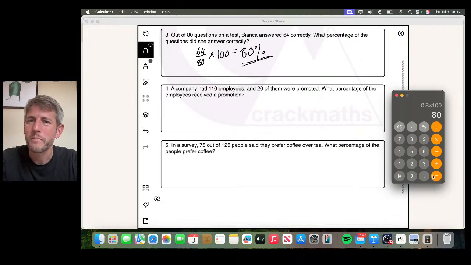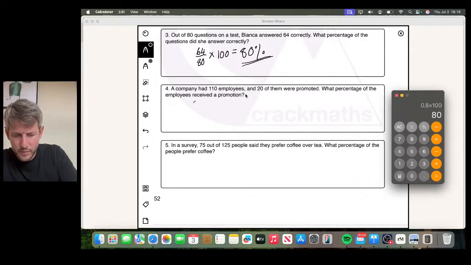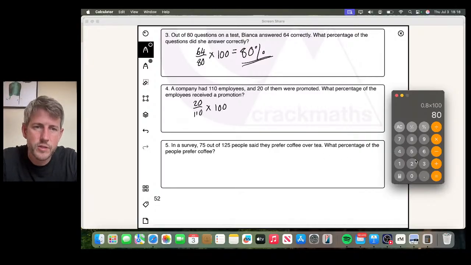Right. Question 4. A company has 110 employees and 20 of them were promoted. What percentage of the employees received a promotion? Okay, that sounds good to me. So we had 20 out of 110. Times that by 100, and that will give us the percentage. So 20 divided by 110 equals this. Times it by 100 equals this.